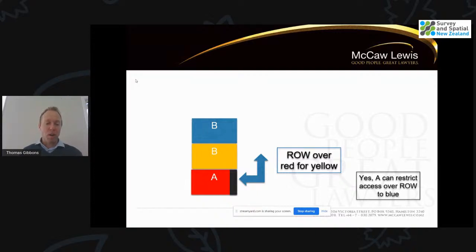They can cross over the black area to access yellow. That's what it provides. Even though they also own blue, they cannot legally use the black area to get over the red land, onto the yellow land, onto the blue land. A can restrict that because the right-of-way is only granted for a particular purpose in a particular way most of the time, and it won't extend to getting onto your own land and then going onto neighbouring land that you also own.